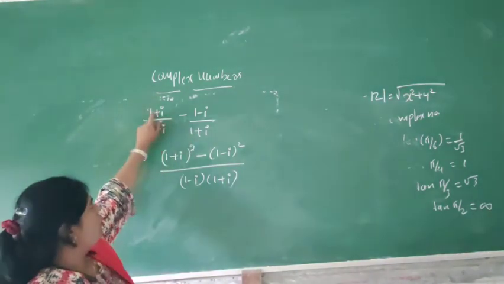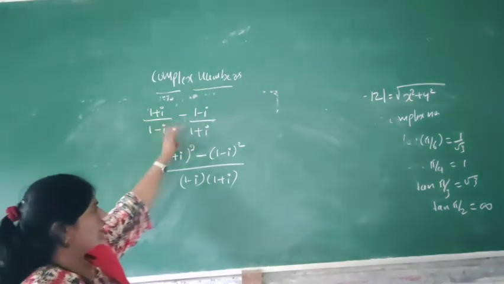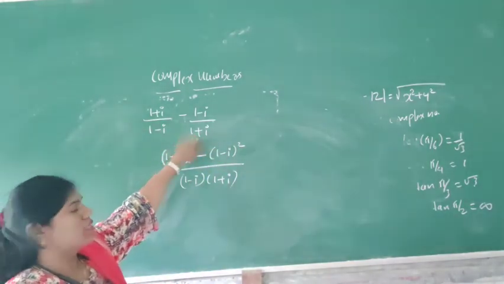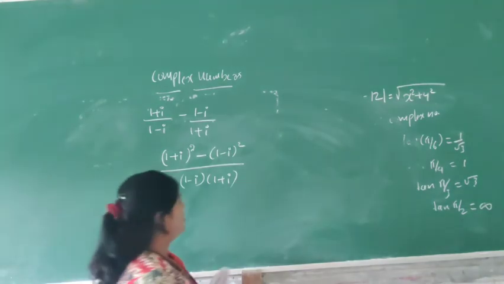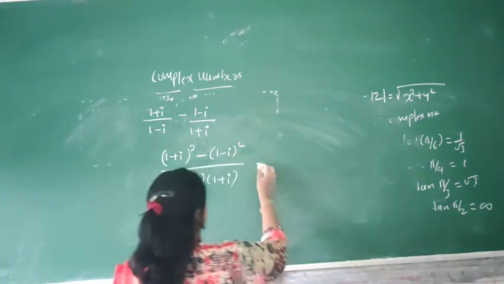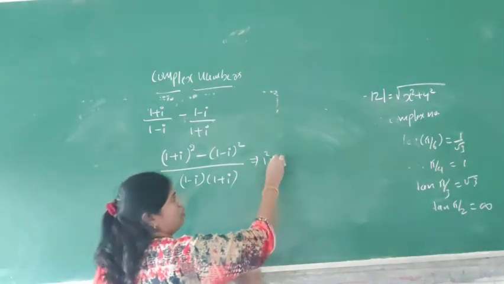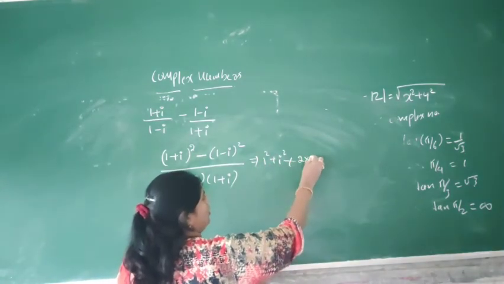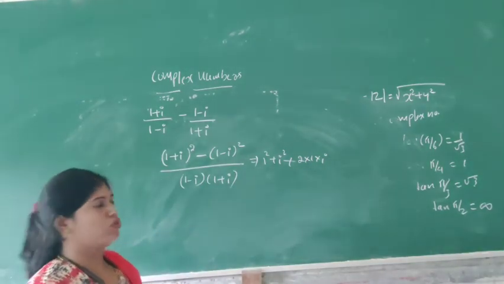So this (1 plus i) whole square minus (1 minus i) into (1 minus i) is (1 minus i) whole square. So (1 minus i) into (1 plus i) stays as it is. What is the (a plus b) whole square formula? a square plus b square plus 2ab.